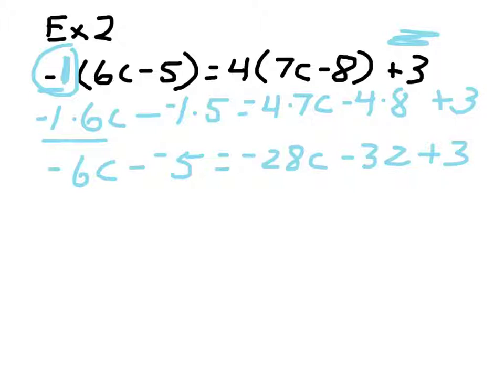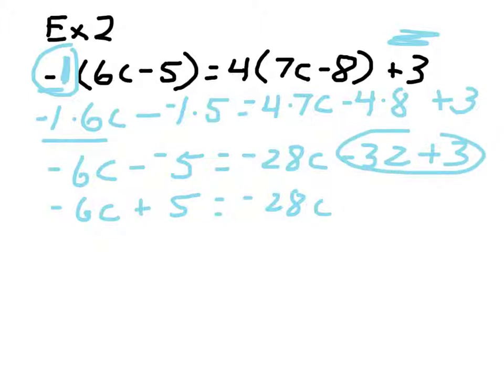Now continue simplifying: a negative 6c plus 5 equals negative 28c. Now I can combine these numbers. What's a negative 32 plus 3? That's a negative 29. We've simplified both sides of the equation.